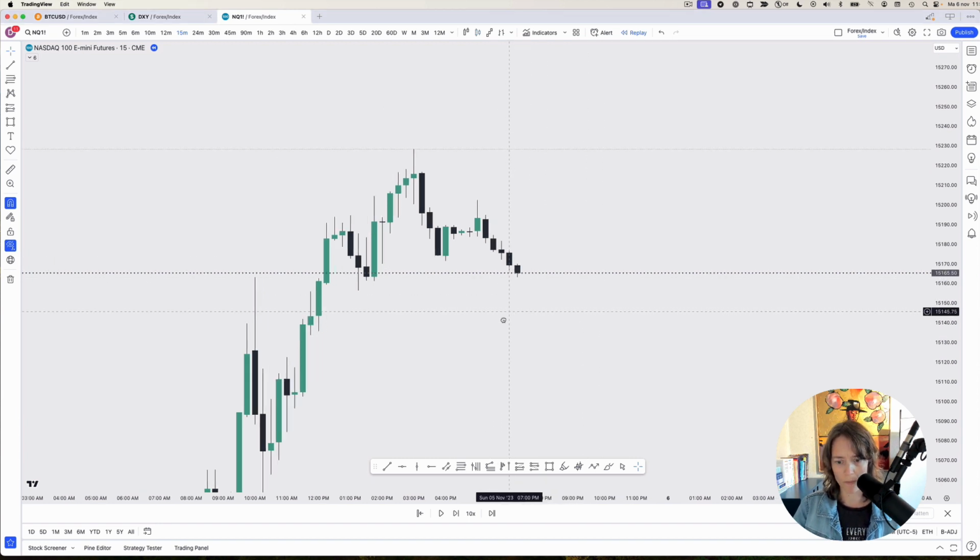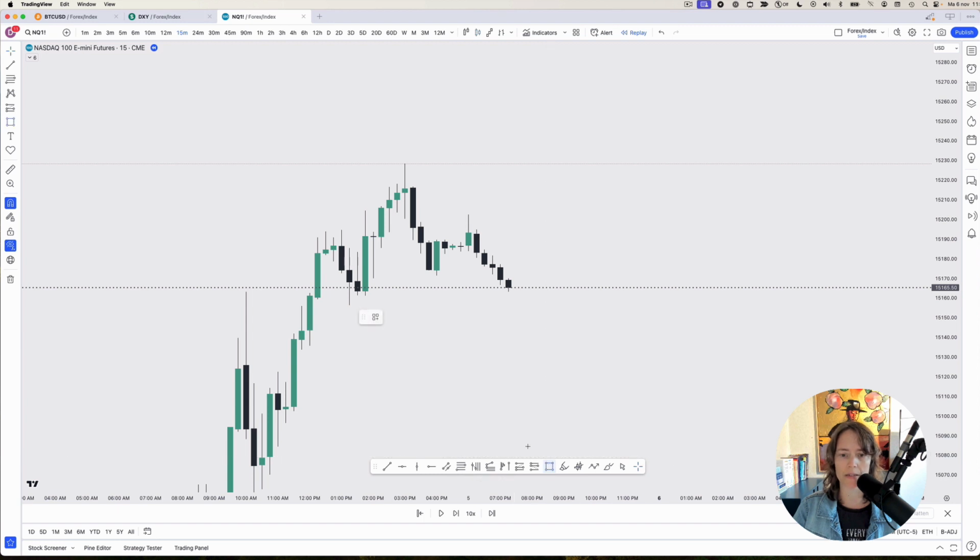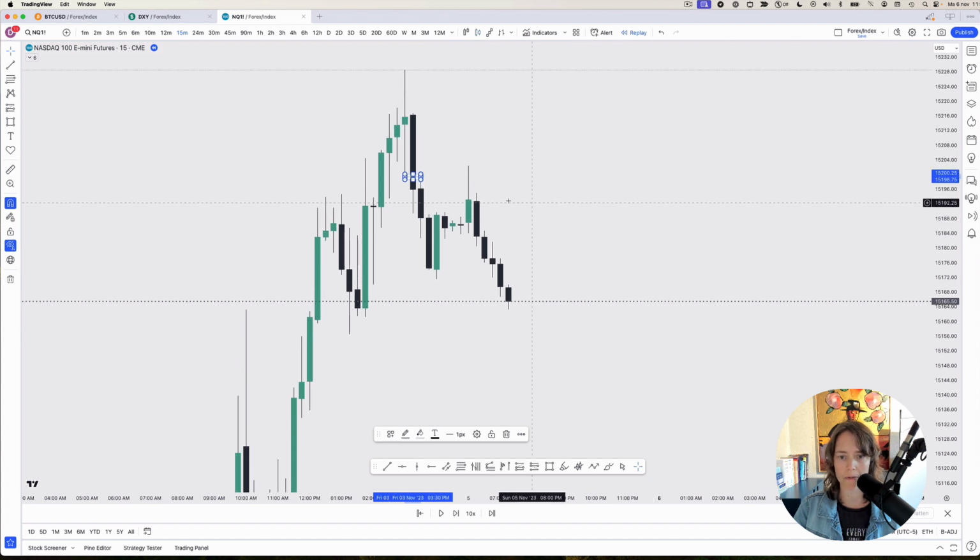Because when we're looking purely based off of ICT's concepts, then we would say, all right, price went up over here and then it started breaking structure here. This low was taken, market structure shift, and it's already respecting a bearish PD array here because this was a fair value gap.